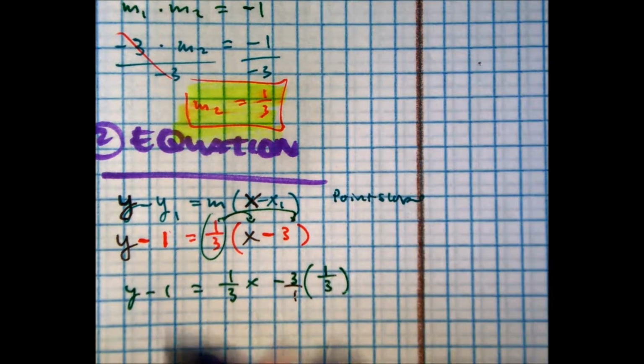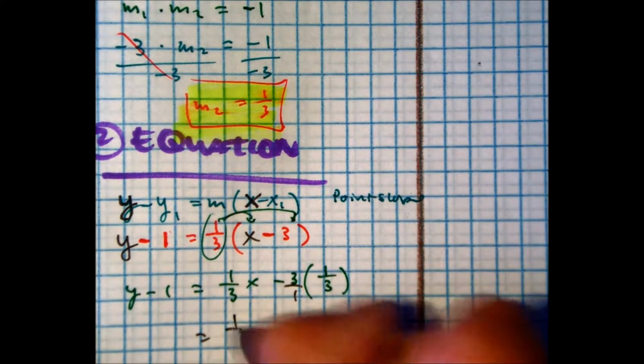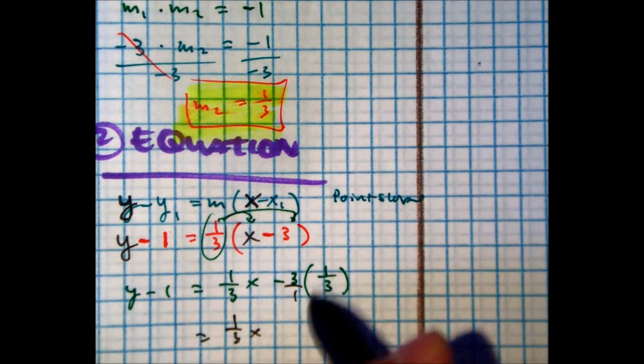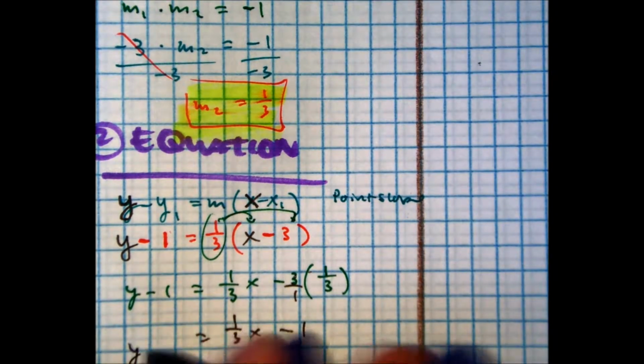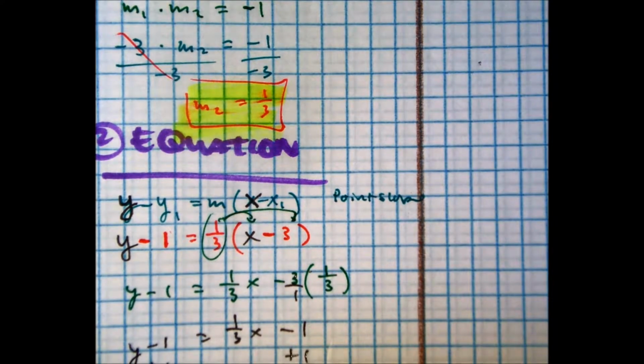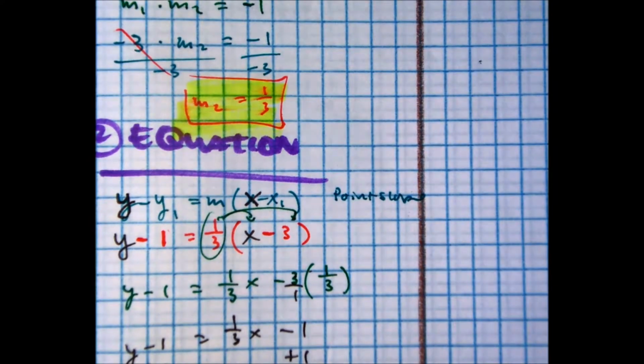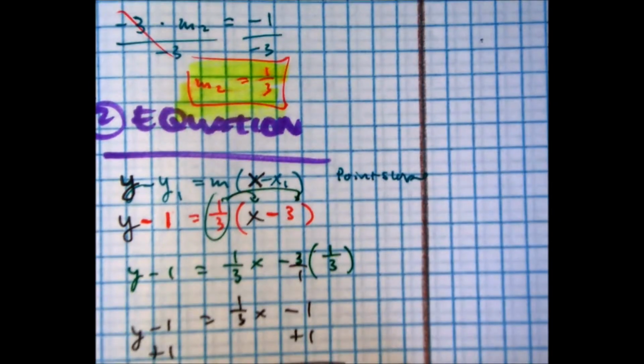Put that over 1. I have 1/3 x, multiply across, you'll get negative 1, because that's negative 3 over 3, which is negative 1. And I just add 1 here. y equals 1/3 x. Anybody see any mistakes in there? It's okay?